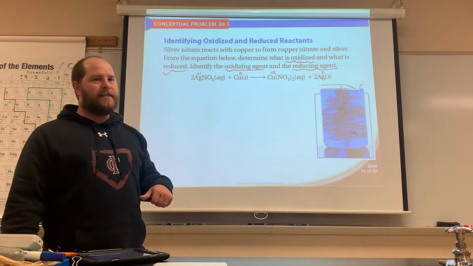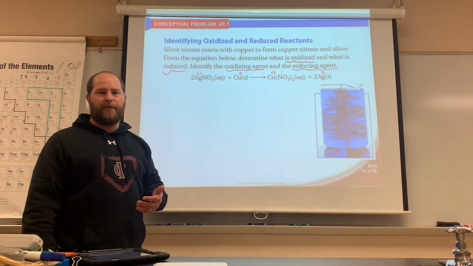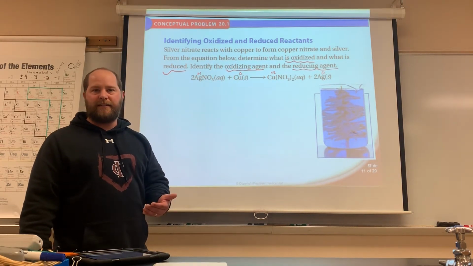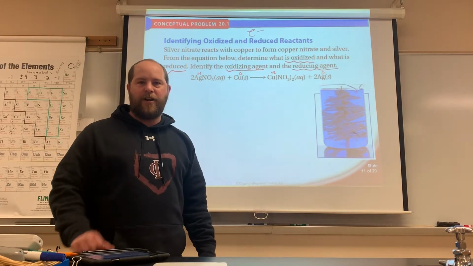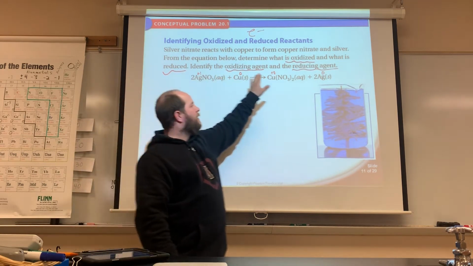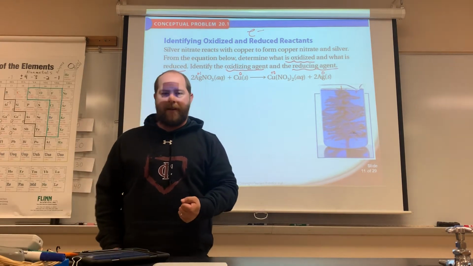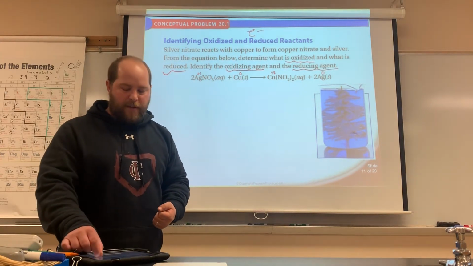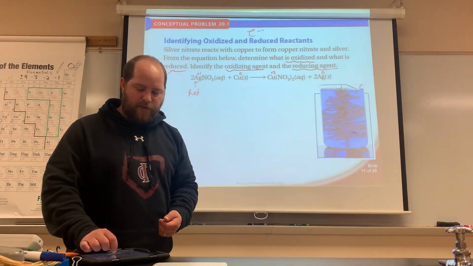So in order to get that oxidation number to go down, it must have gained electrons, because electrons have a negative charge, right? So this went from a +1 down to a 0. The number got reduced, is another way of thinking about it. So the silver here is what's being reduced.